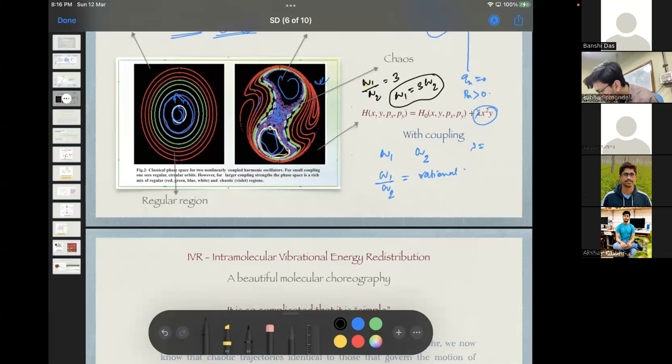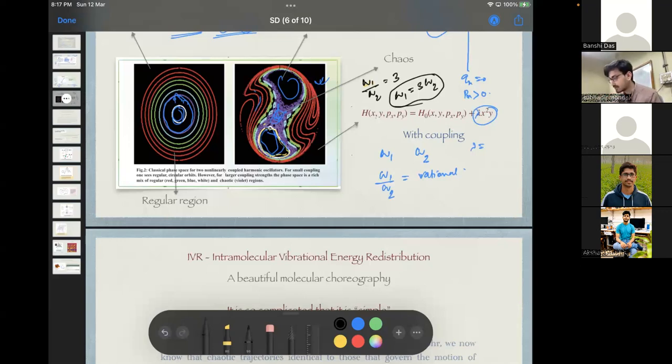That means this condition will be responsible for energy transfer, because one oscillator will lose or gain 3 quanta of energy, and the other oscillator will gain or lose 1 quantum of energy. So all these regions are responsible differently in energy transfer.